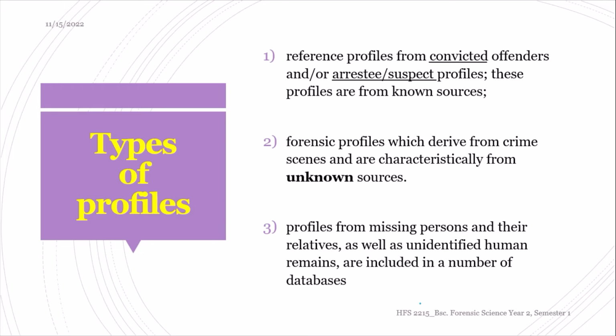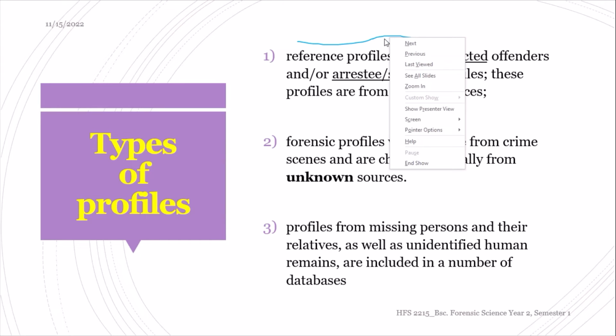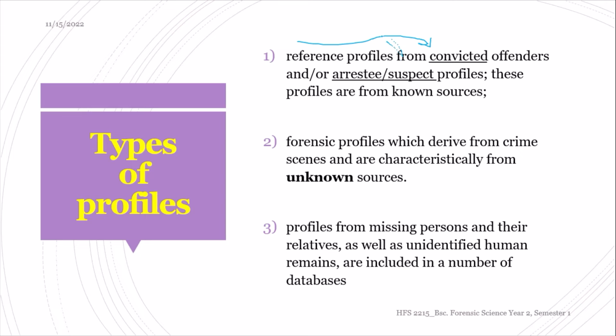So these profiles of criminal forensic databases usually include three types of profiles. One of them is from convicted offenders and suspects that have been arrested. So these are known. They are convicted or they have already been arrested, so they are known sources.